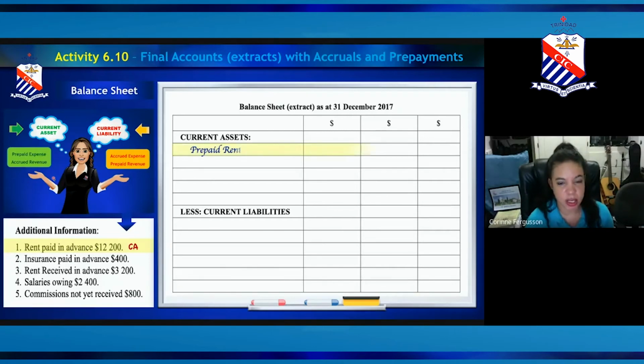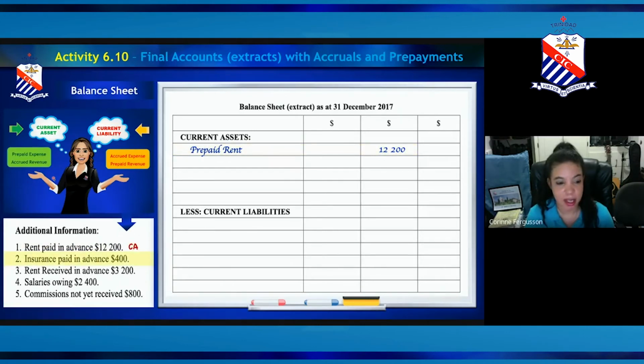So you're going to go under current assets, put prepaid rent. You don't have to put the rent expense. Prepaid rent, it's understood. It's the expense, and you put the amount in the middle column. Okay, that's it. You can move on.